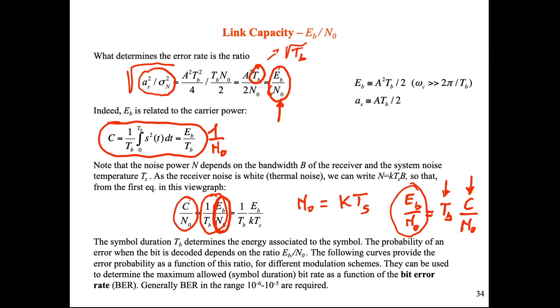Does TS include also the antenna? Of course. It is the system noise temperature, so all the noise that arrives at the digital receiver, because remember what we are doing is digitally sampling voltages across a dipole in the end.